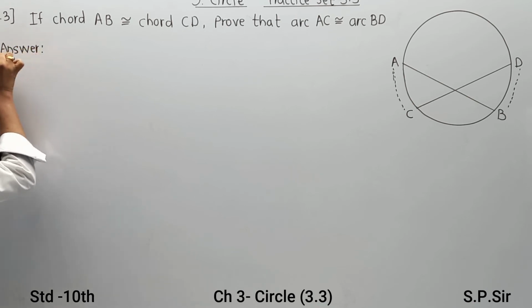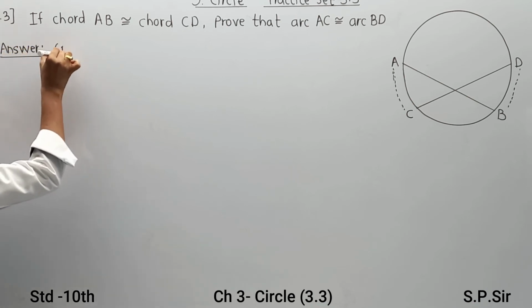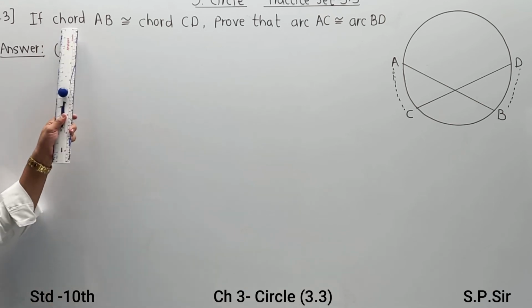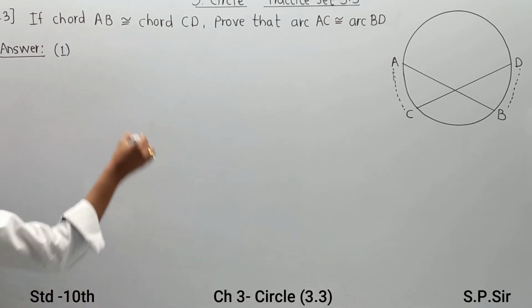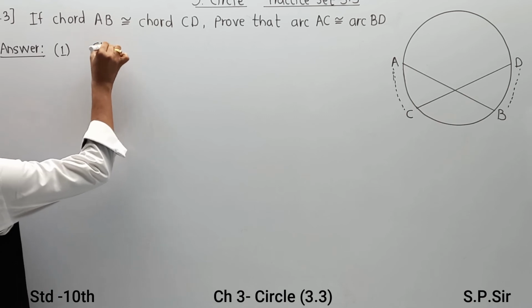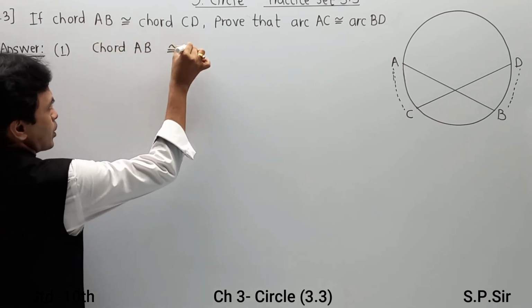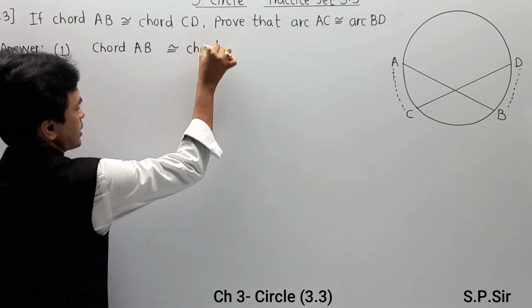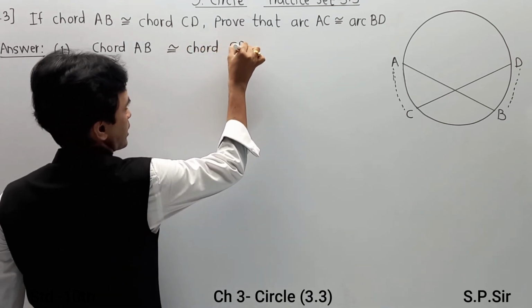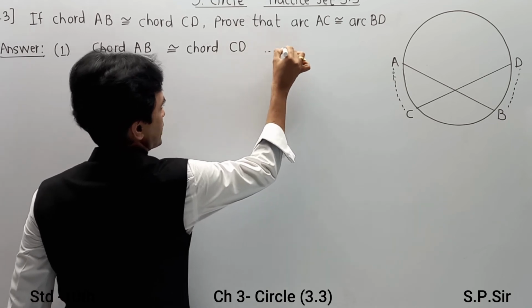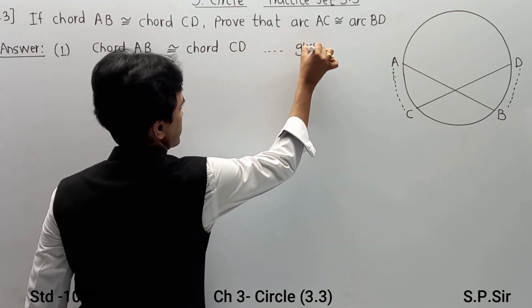So you say answer or proof. First, they have given chord AB is congruent to chord CD. They have given this, so I am going to write it as given.